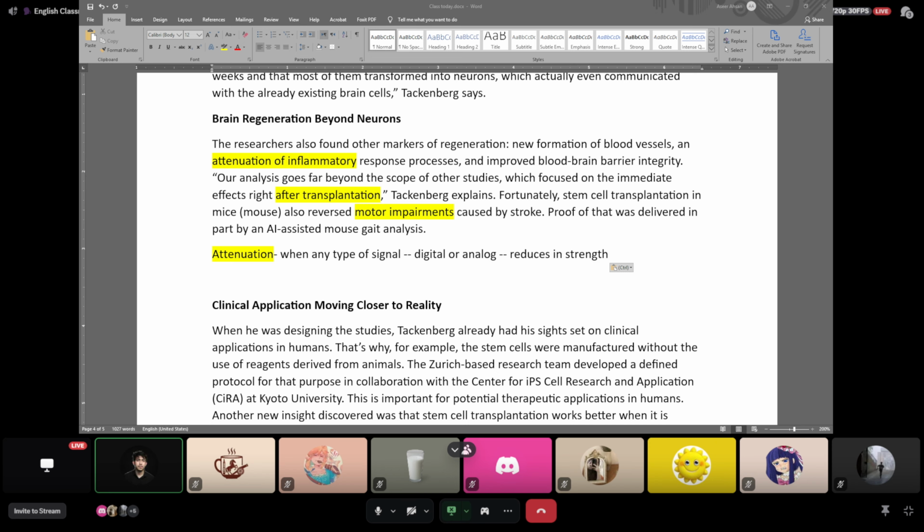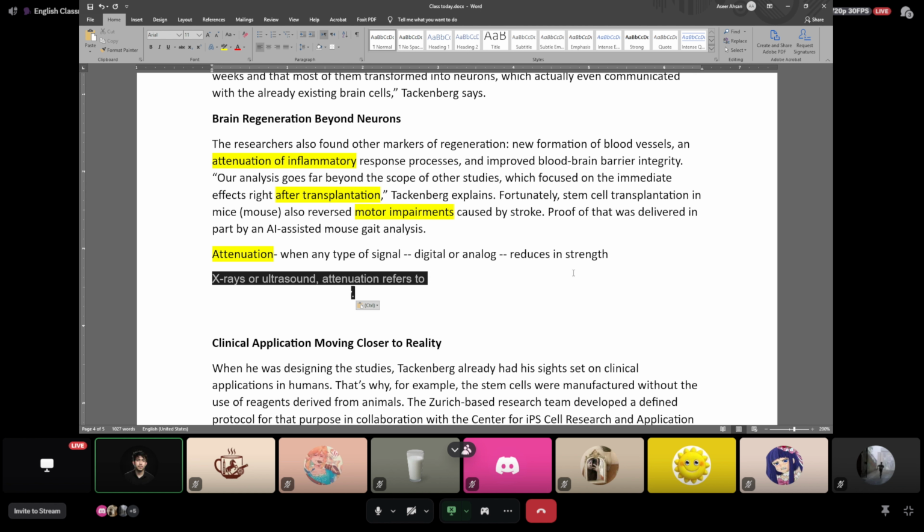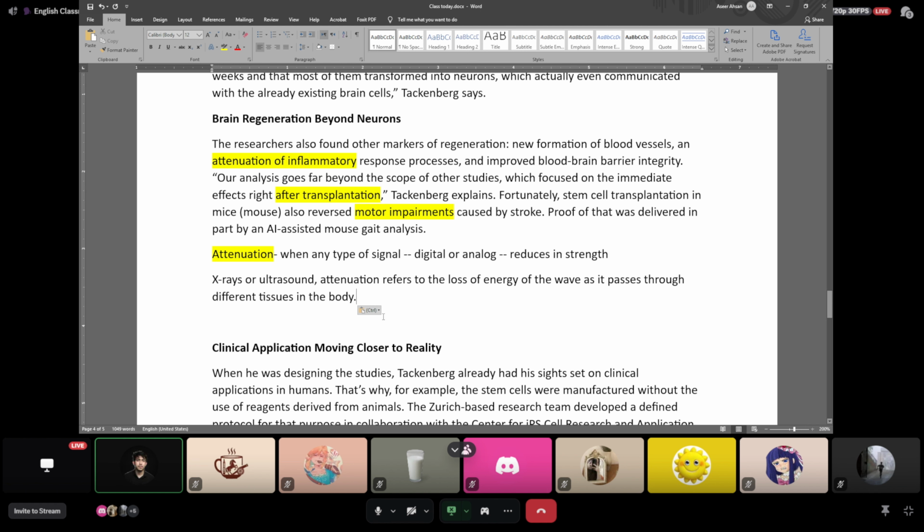But what does it mean in the context of medical terms? In medical terms, we know it as X-rays or ultrasound. Attenuation refers to the loss of energy of the wave as it passes through different tissues in the body. Okay, it's a very technical term.